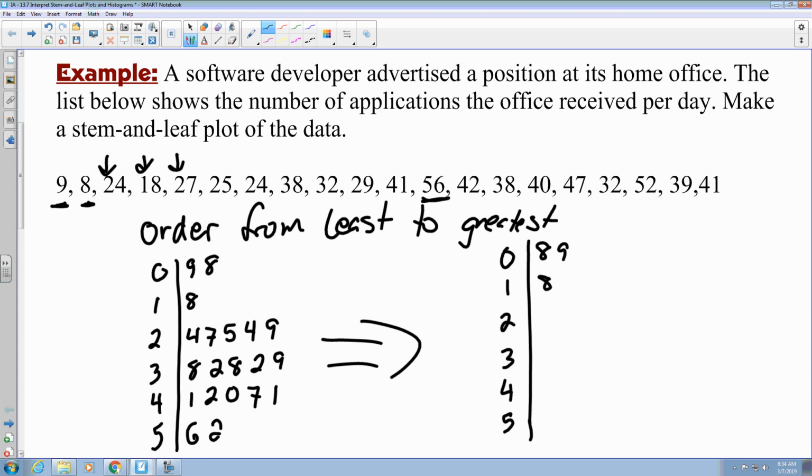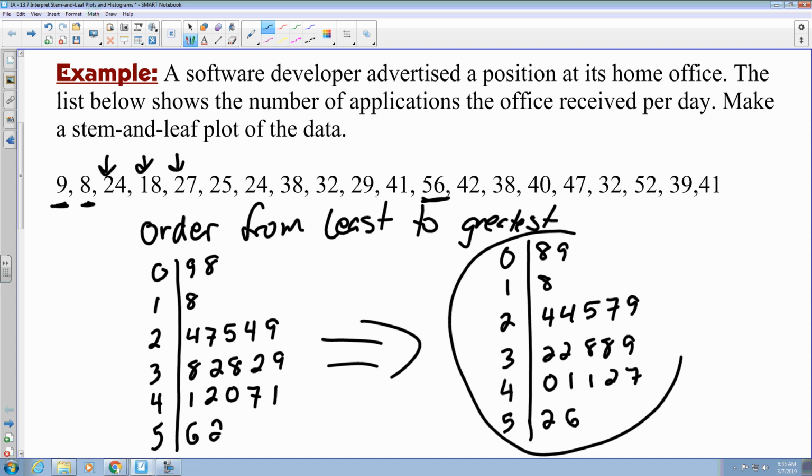For the 2, it should be 4, 4, because they can repeat, 5, 7, and 9. When it comes to 3, I got 2, 2, 8, 8, 9. For 4, I got 0, 1, 1, 2, 7. And for 5, I got 2 and 6. So this is my stem and leaf plot.